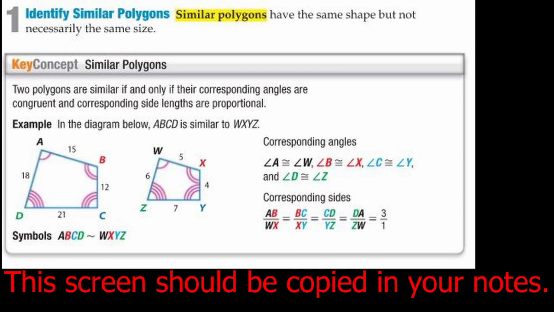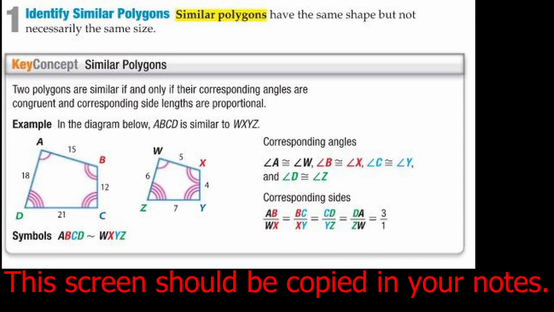For the sides, you have to compare corresponding sides. So you can see it says ABCD is similar to WXYZ. That means for side AB, the first two letters corresponds to WX, the first two letters of the other polygon. So that down here where it says corresponding sides, they put AB divided by WX.